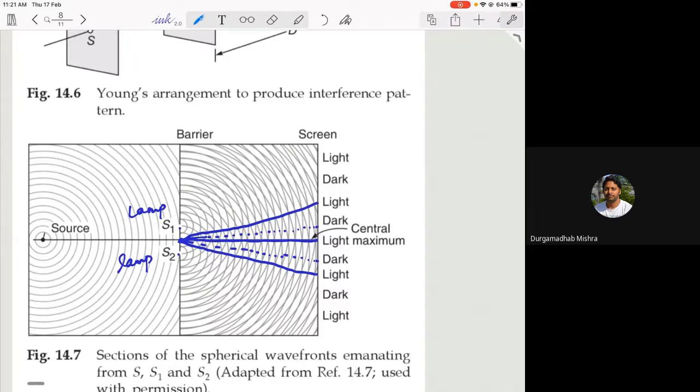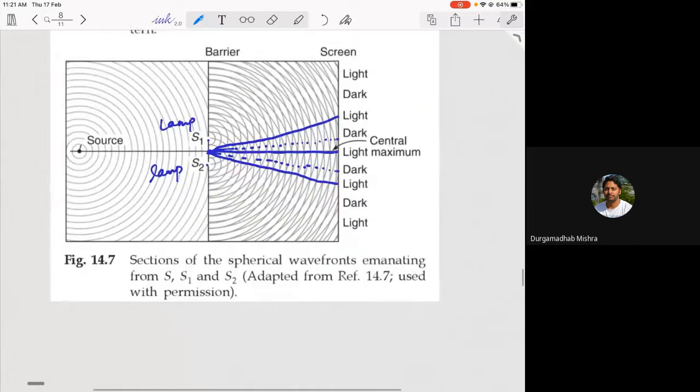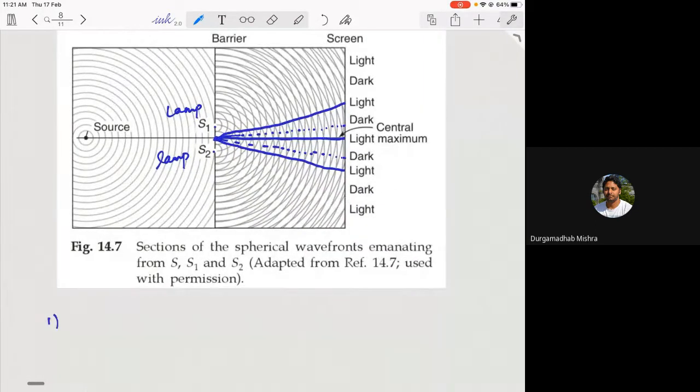And why are they incoherent? For coherence, you need the phase difference produced by them to be constant. For interference to happen, the sources should be coherent.